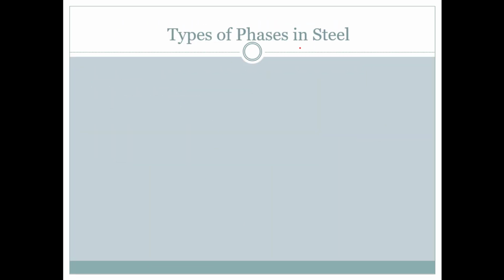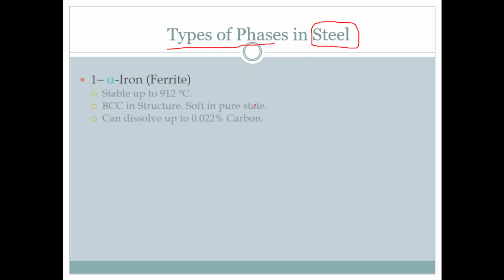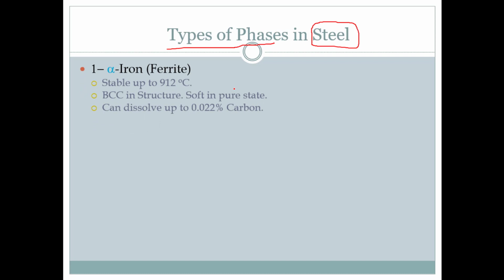Now, types of phases in steel. Okay, so let us see the types of phases. How many phases do we have? What's the difference between phases? Okay, in steel we have the first phase, which is ferrite, alpha iron.